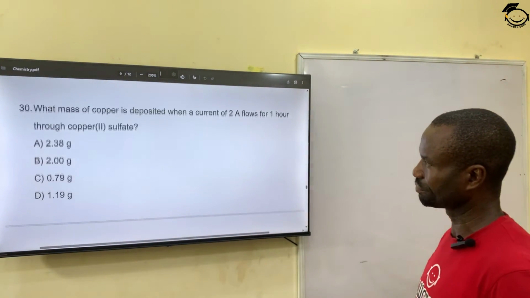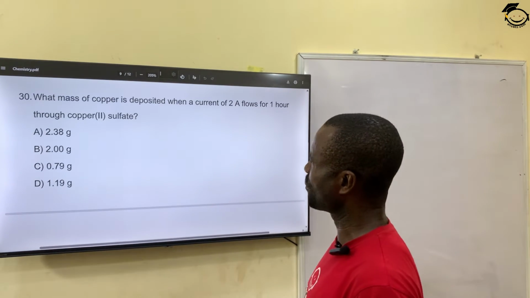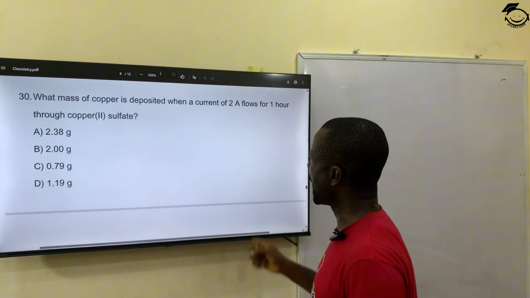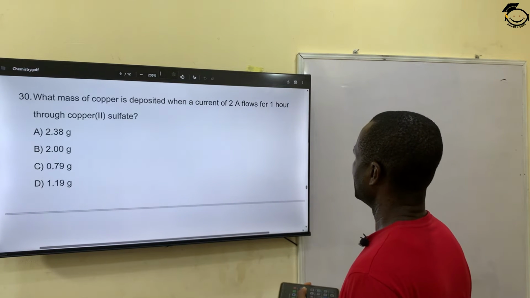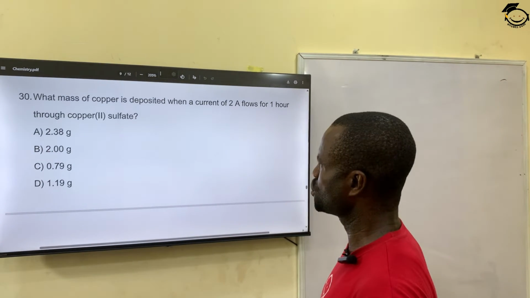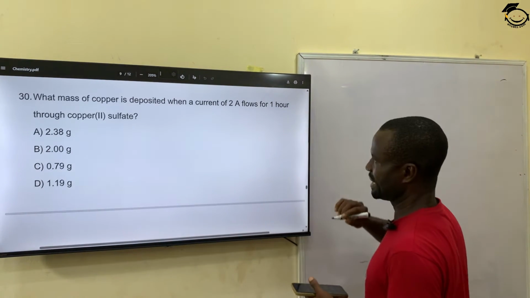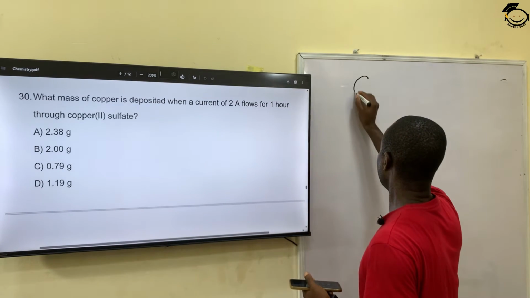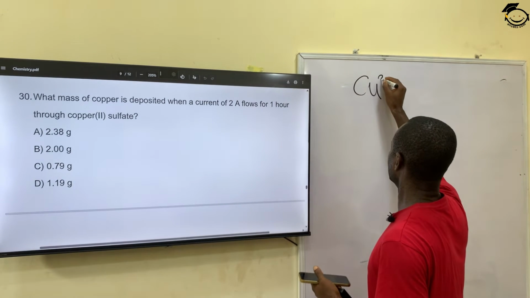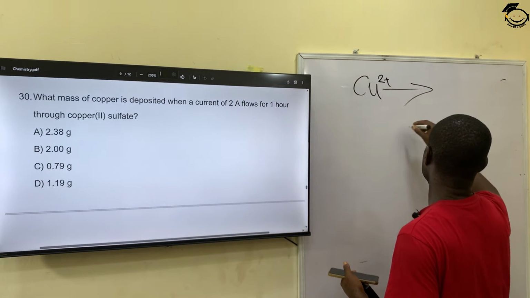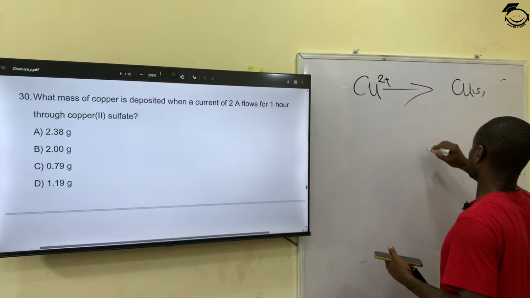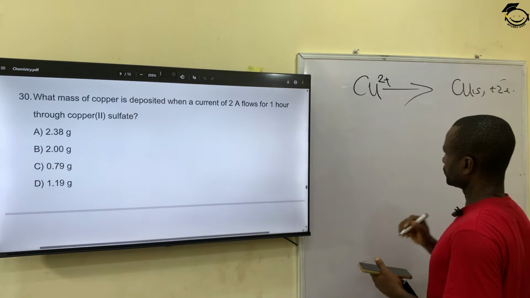Number 30. What mass of copper is deposited when a current of 2 amperes flows for 1 hour through copper 2 solution? Copper is the element in question, so copper will be discharged. Copper 2 ion is discharged to give copper solid, plus 2 electrons.